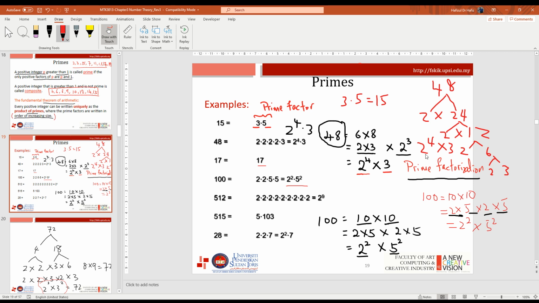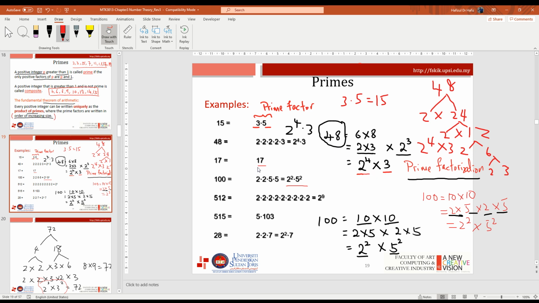You list out the product in order of increasing size, which means that you list out the number based on the factors of the number. For example, 48, we have 2 power of 4 multiplied by 3.